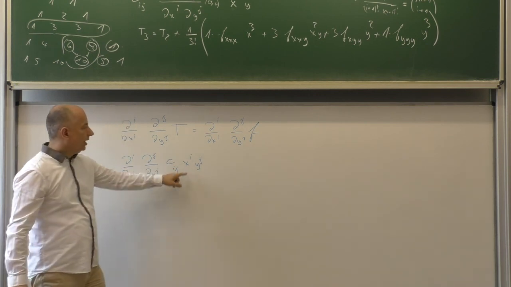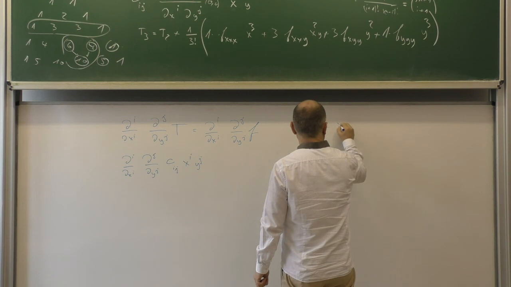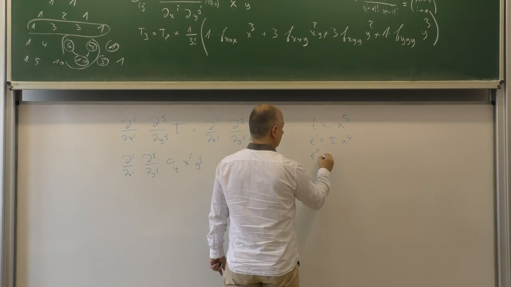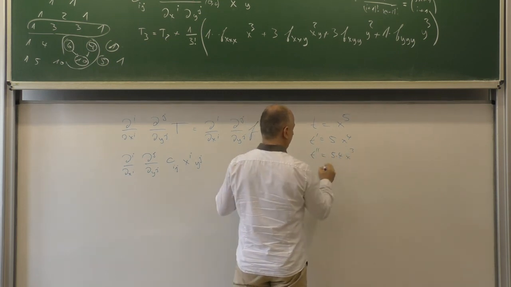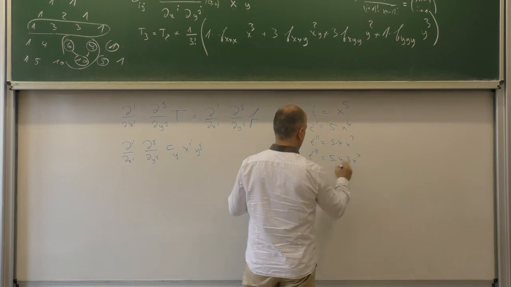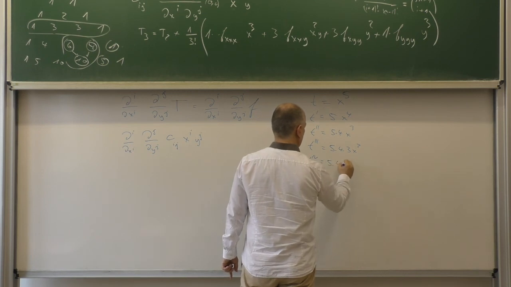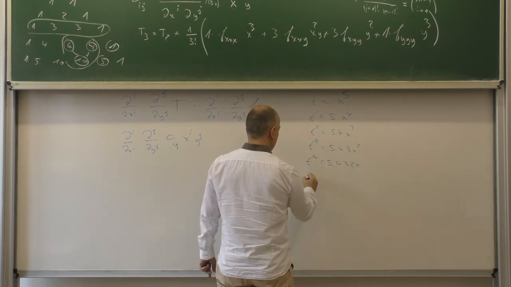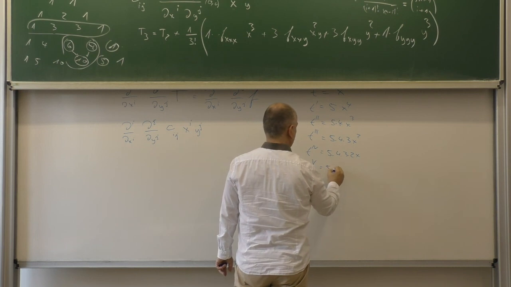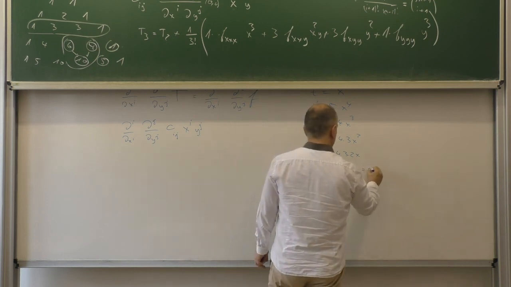Well, let's start with x. Let's consider an example. If we have, say, T is x to 5, then T prime is 5x to 4, T second is 5 times 4, x to 3, T third is 5 times 4 times 3x squared, T fourth derivative is 5 times 4 times 3 times 2 times x, and finally the fifth derivative of this function is 5 times 4 times 3 times 2 times 1, which is 5 factorial.